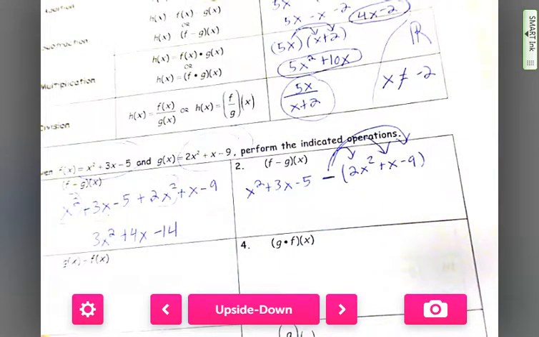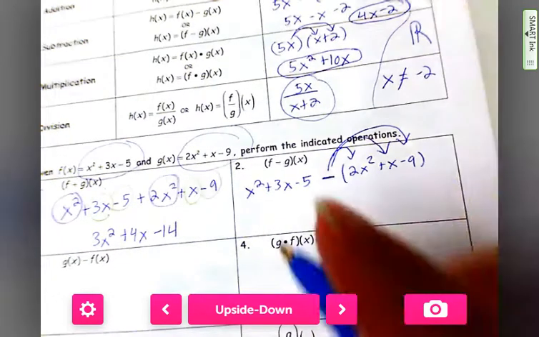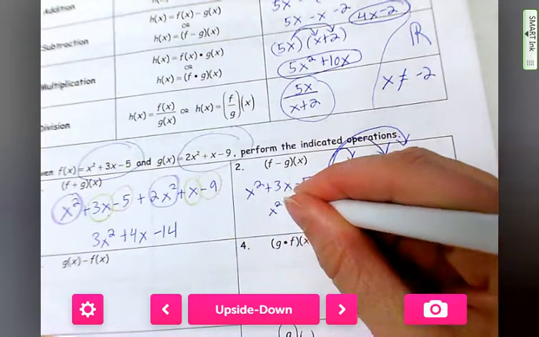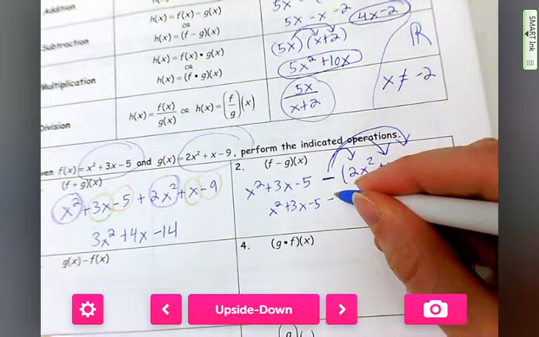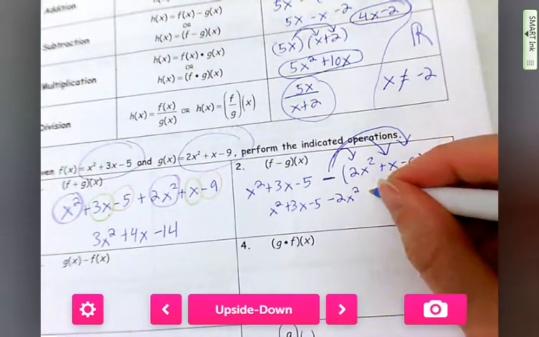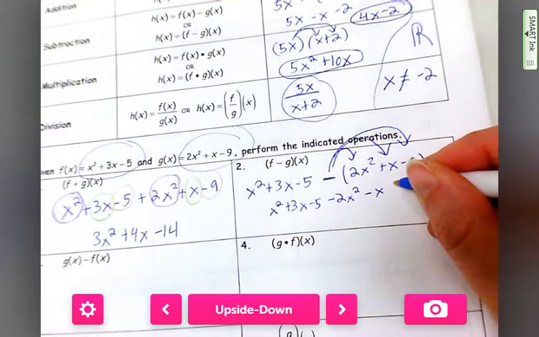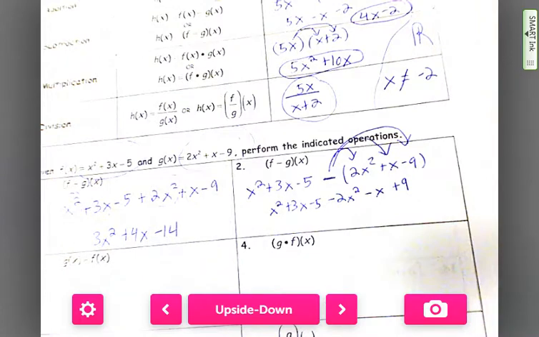Okay? We want to distribute that negative. So then we get x squared plus 3x minus 5 minus 2x squared minus x plus 9. Okay?